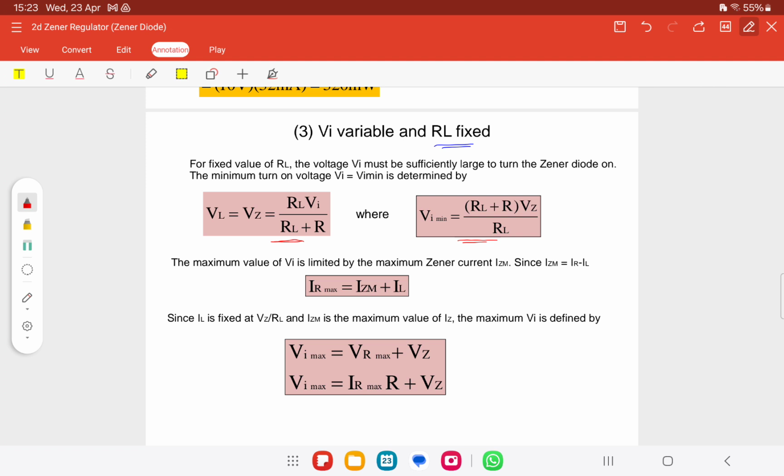Okay, so this is for the third condition. The third condition is we vary the supply, meaning it can be VI min, VI max. But it is fixed on the load resistor. So this one uses the voltage divider formula.